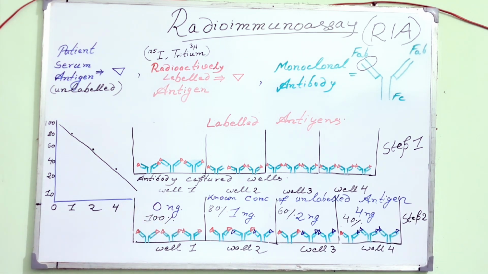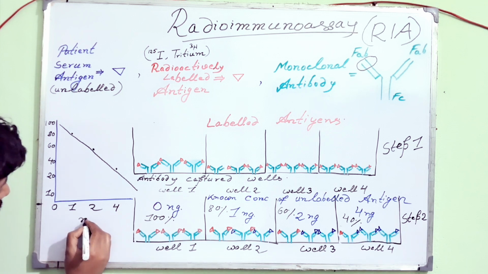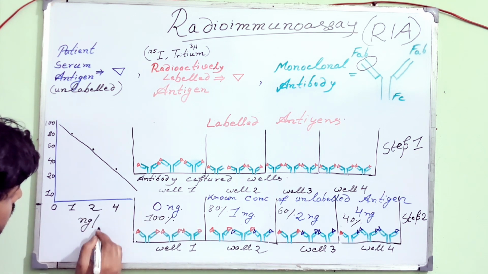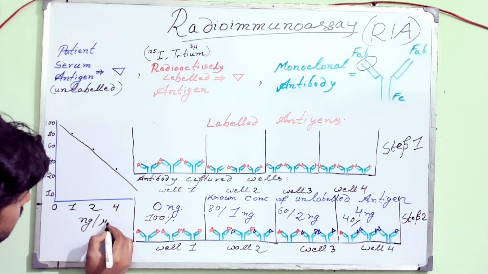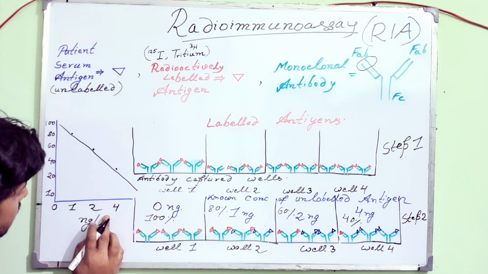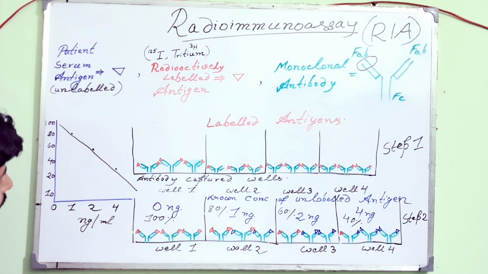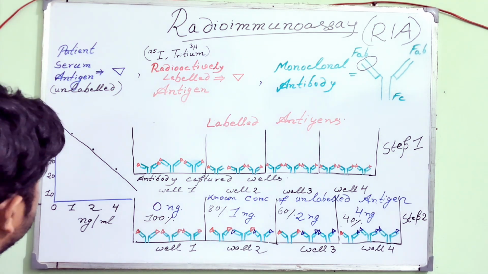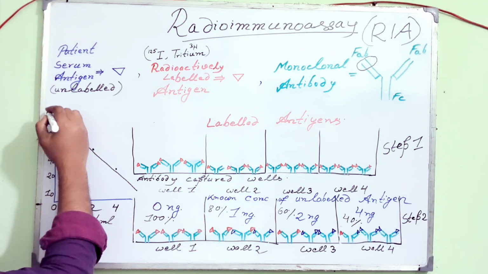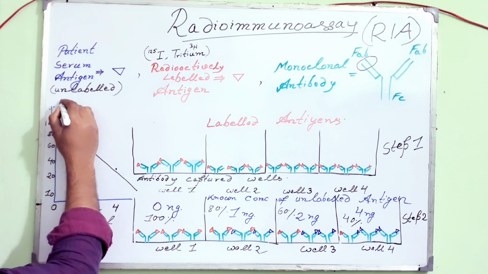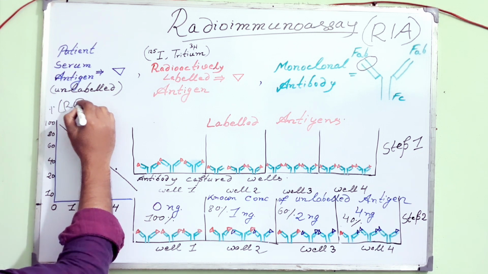Okay. So now we have the estimation. This is the nanogram per microliter or per ml, you can say, per ml of known unlabeled antigens, and this is the percent radioactivity.